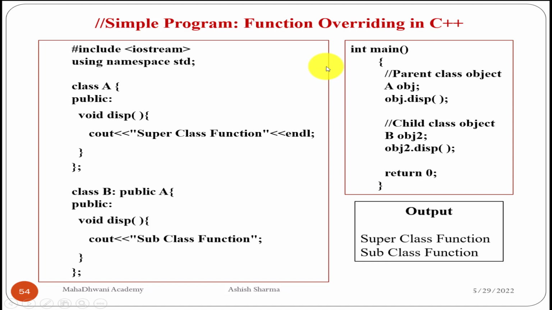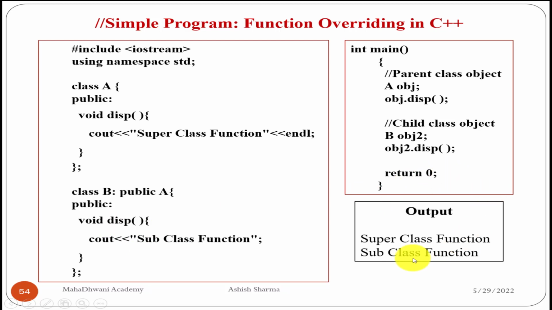Now come to the main body to execute this part of the program. Inside the main body we create an object for the parent class and an object for the child class. With the help of the parent class object we call the parent class member functions. So we have a member function disp, and we call obj.disp. Then for the child class we call obj2.disp and then return 0.